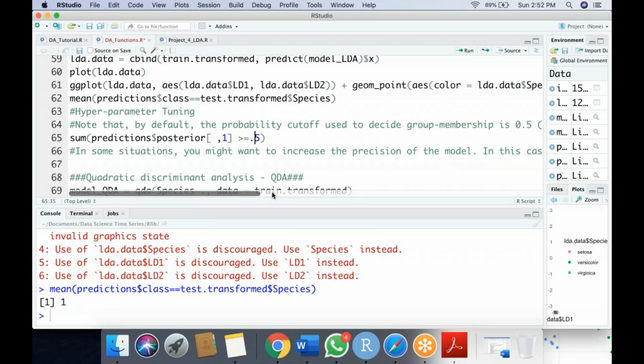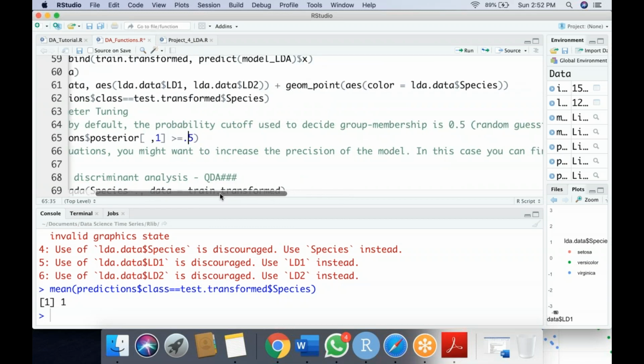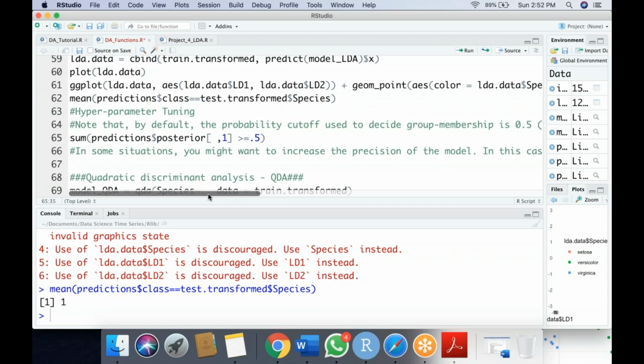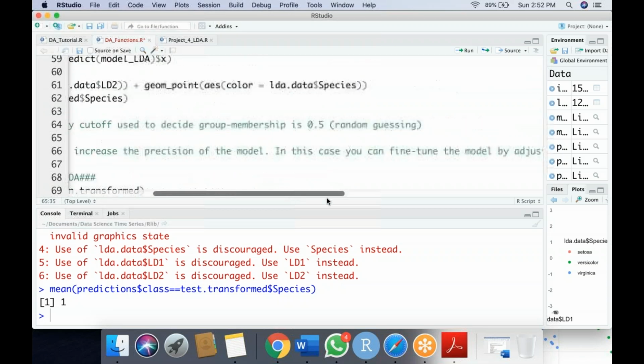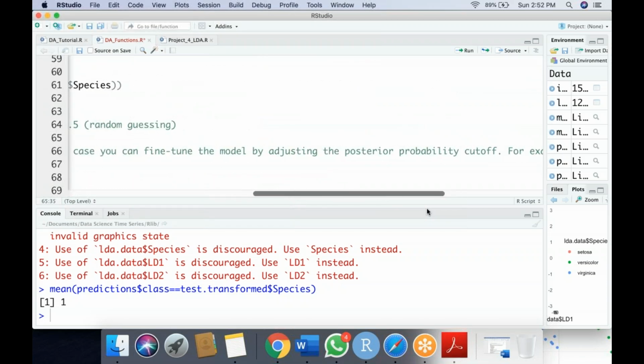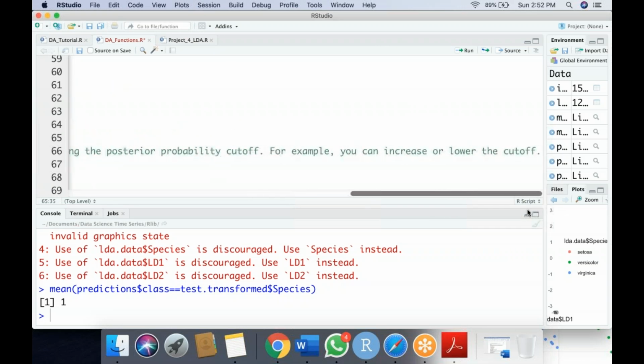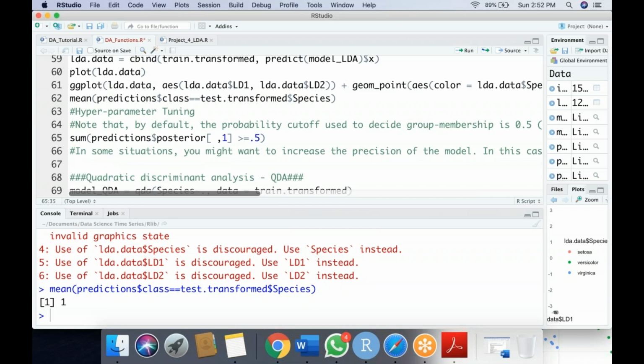I suggest you go and do that by yourself, and you will be able to see different values. In some situations you may want to use the precision of the model. In that case, you can fine tune the model by changing the posterior probability cutoff. So you may increase or lower the cutoff values, and you can see varying levels of model accuracy.